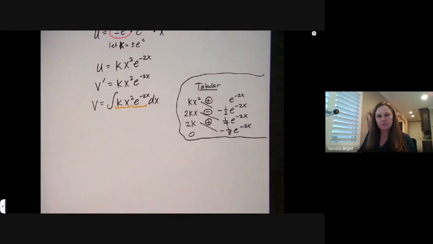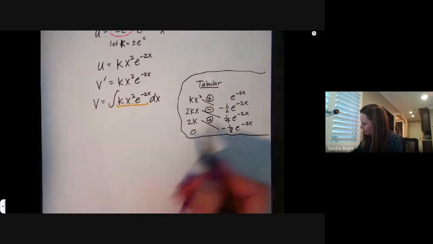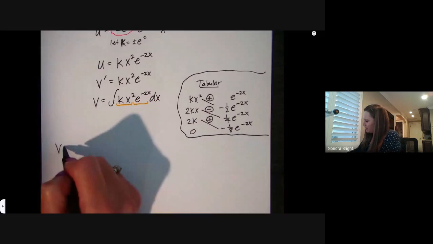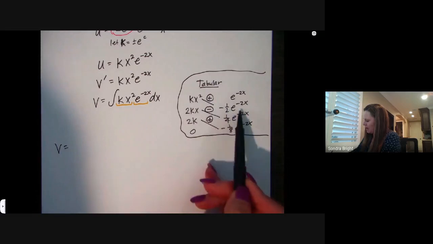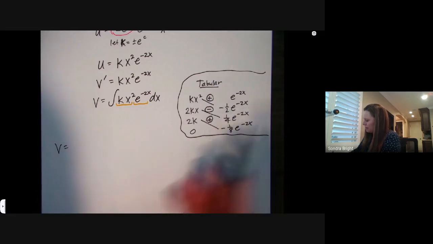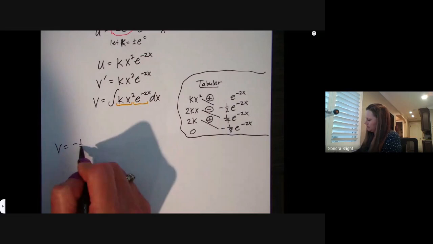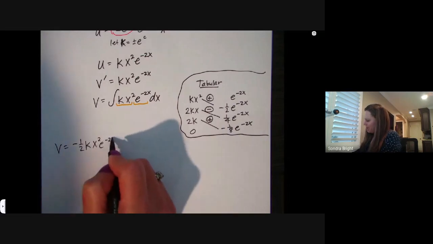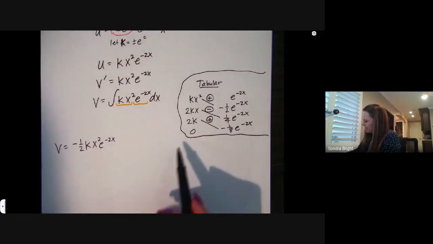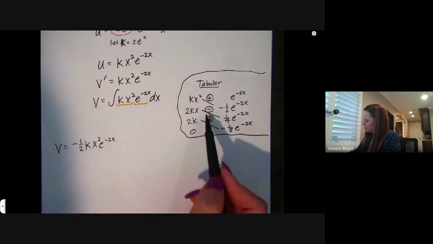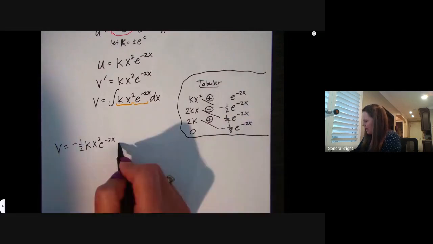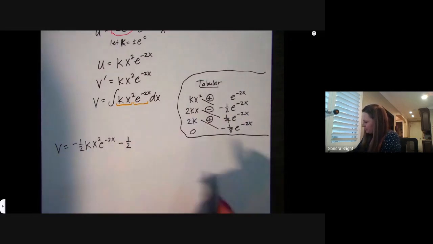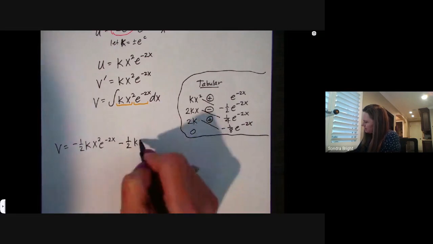All right, so what does that mean? I'm going to come over here because I took up room over there. Your v is kx squared times negative 1/2 e to the negative 2x, so I'm going to write it as negative 1/2 kx squared e to the negative 2x. And then minus 2kx times 1/4, so that's a minus 1/2 kx times e to the negative 2x.